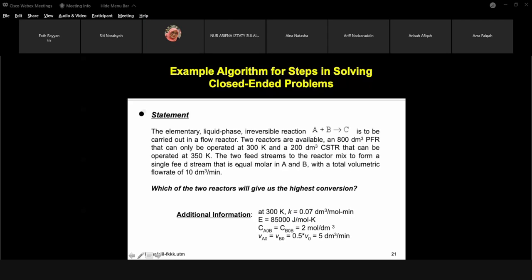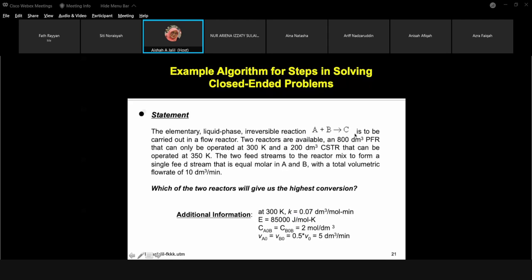Okay, the two feed streams to the reactor mix to form a single feed stream that is equimolar in A and B with a total volumetric flow rate, small v naught, of 10. Okay, so which of the two reactors will give us the highest conversion?